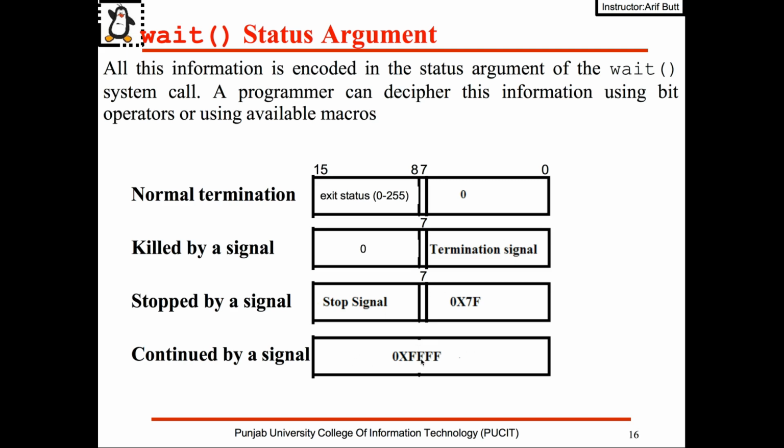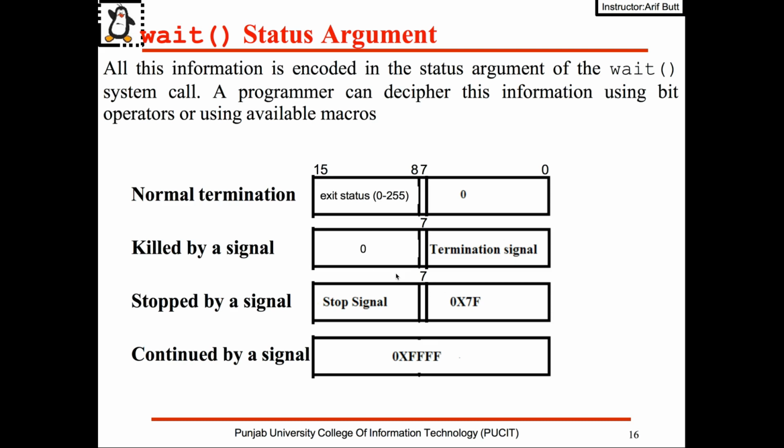And if the entire 16 bits contain 1, that means the process has got the SIGCONT signal. We can always write code using bit operators to decipher all this information.